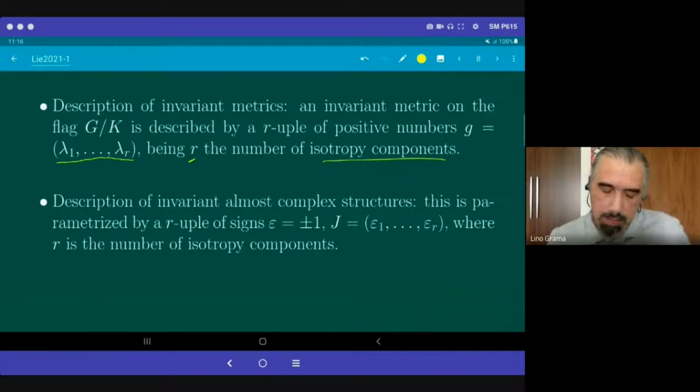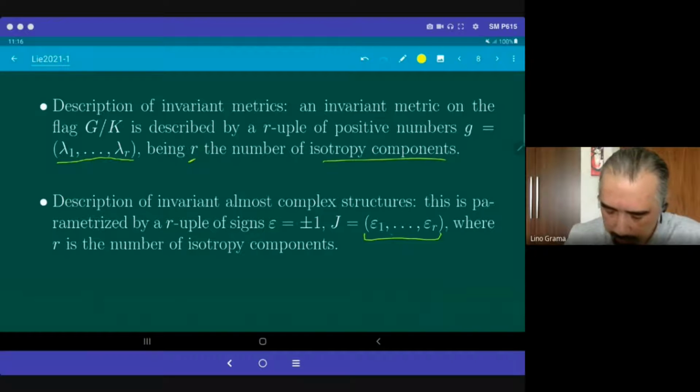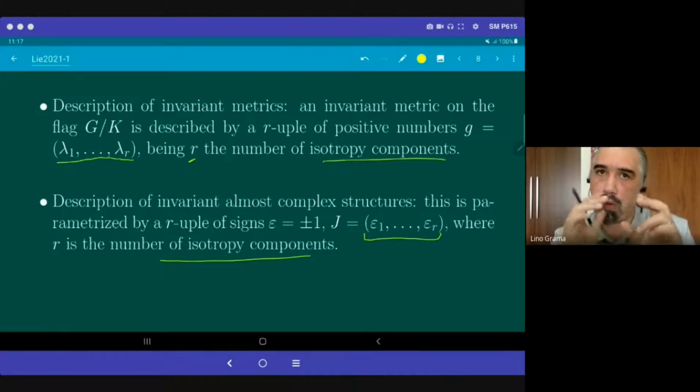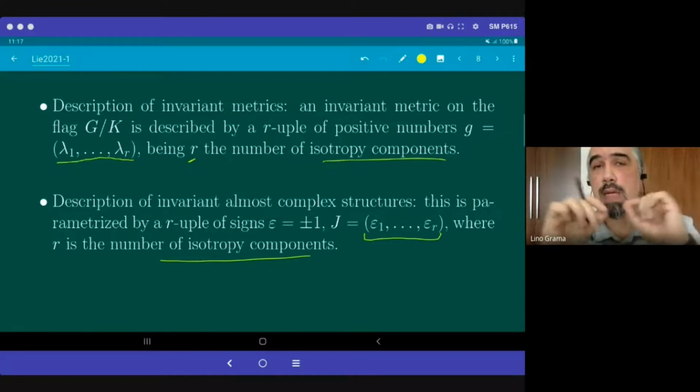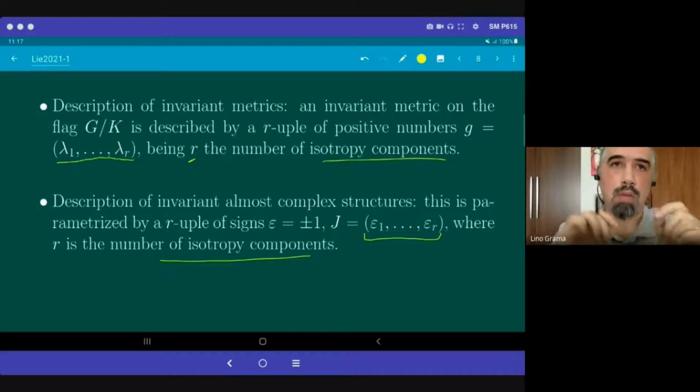And in a similar way, we can give the description of the invariant almost complex structure. But now this is given by R signs, plus or minus 1, where this R is the same number of isotropy components. These are very similar to Riemannian metrics, but now you give it just by signs, plus 1 or minus 1. Okay.